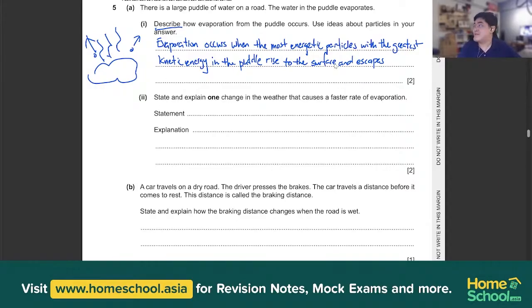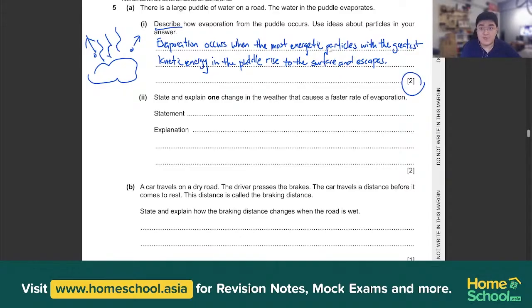So just to take note, evaporation occurs when the most energetic particles with the greatest kinetic energy rise to the surface and escape from the liquid. This is how evaporation occurs. Do take note, it's a 2-mark question, so you must have two solid points.